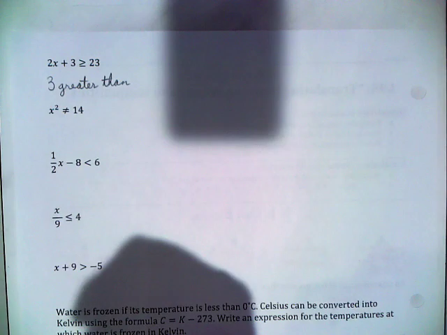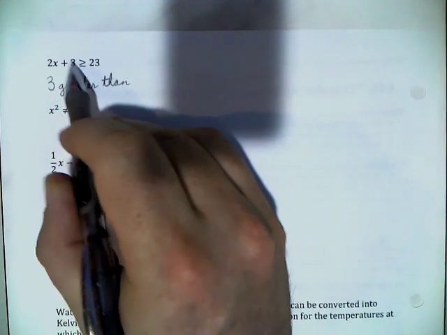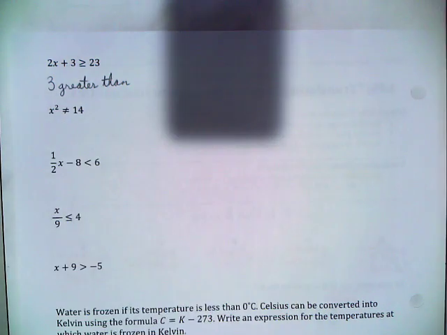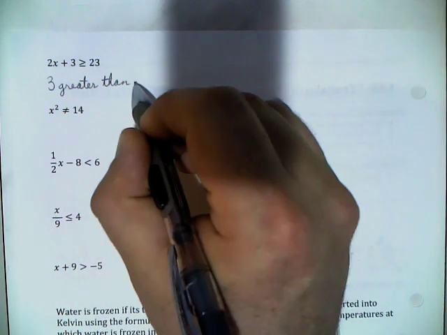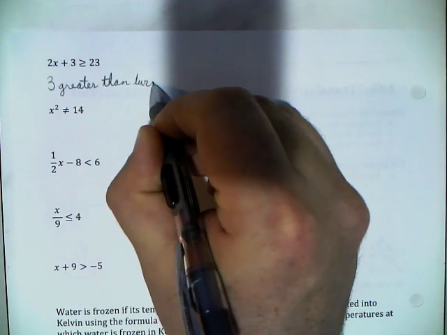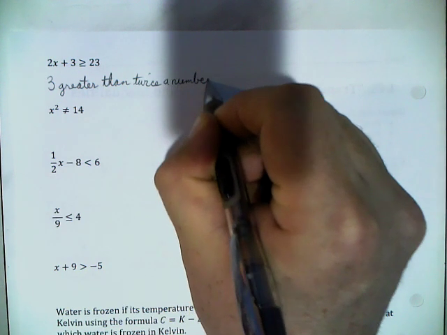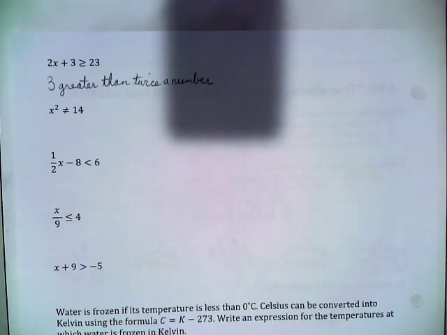And so that greater than actually switches the order of my addition. So I mentioned in the expression the 3 comes second, but in the English the 3 comes first. And then I now see that 2x, and I might make that twice a number. So twice means times 2, and x would be a number.